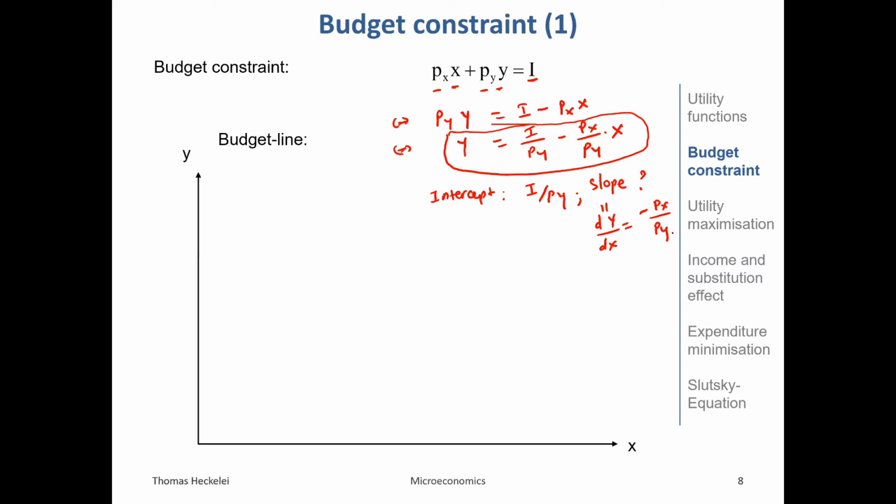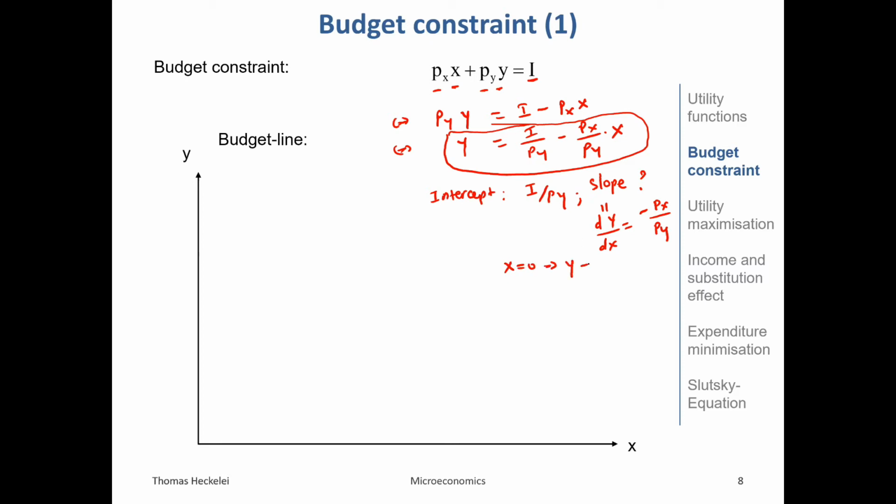But here, let's do something more primary so that we also can see some more information. So now we need 2 points to draw the line. The first point is, let's say we set x equal to 0.